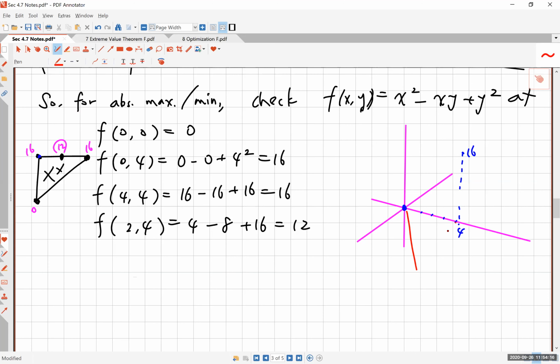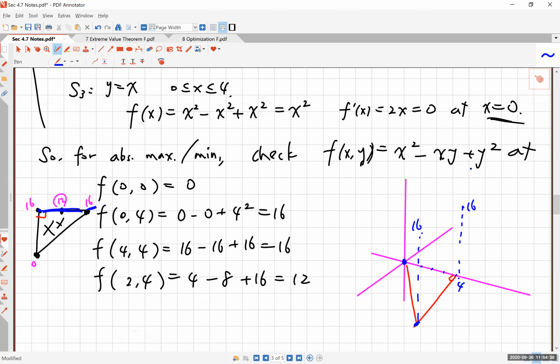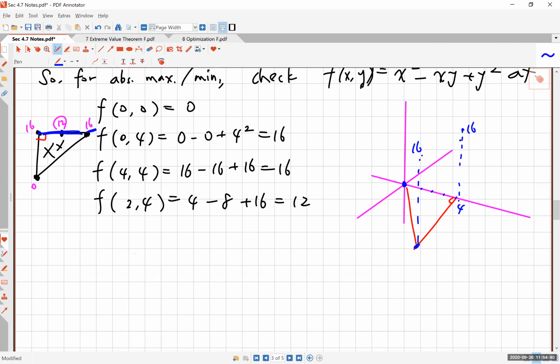Okay, this is the region R. And the graph of this function, remember at this point (4, 4), the value is 16 also. So this goes up to 16. And what's happening on this line segment, what did I call it? S2. Yeah, on S2, it's going from 16 and then 12 and 16.